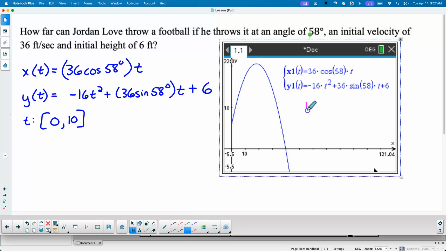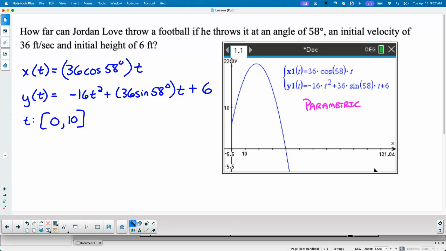So this is the parametric path of the ball. Yes?